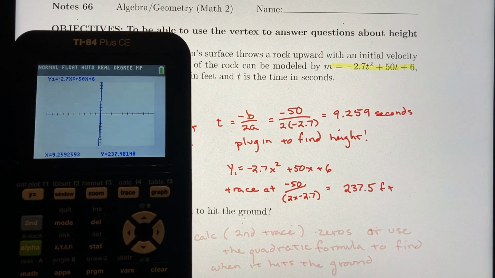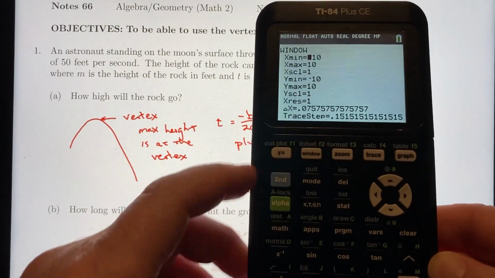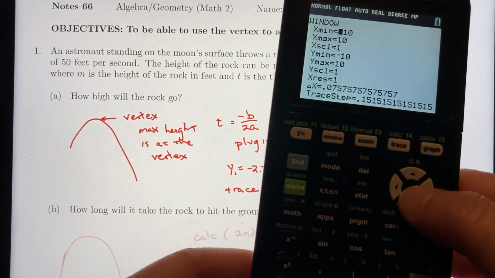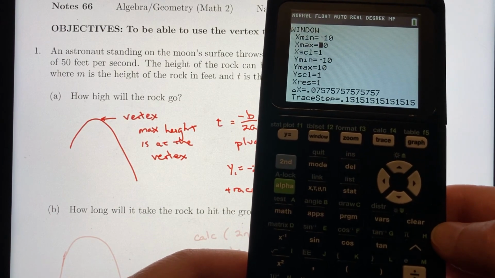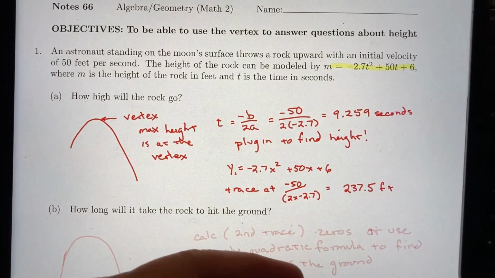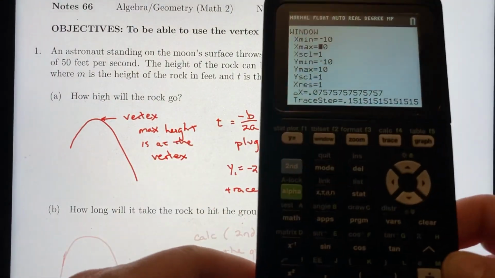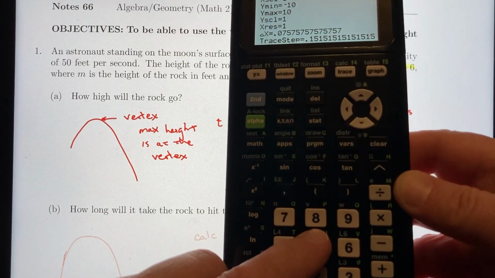So we're going to reset the window so we can actually see things better. Go to Window. I'm going to make X max big enough that I can see things come down. So usually about 2.5 times what the vertex number is will work. So 2.5 times 9 is about 25.